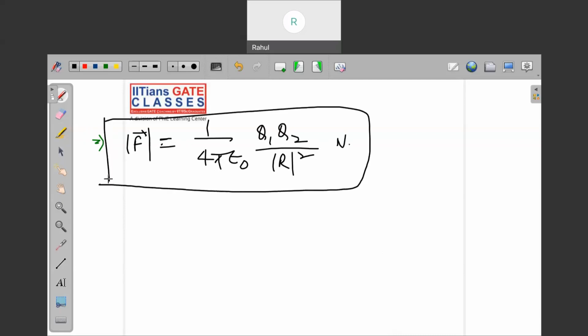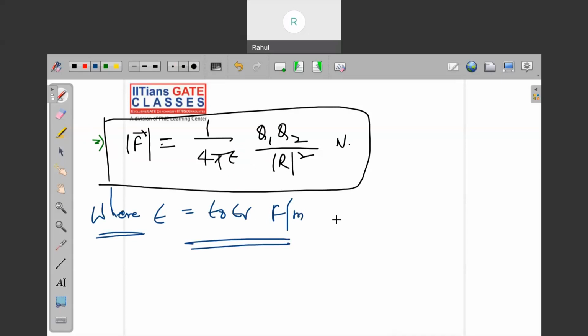After all, force is a vector quantity. You can remove this naught and say that epsilon is equal to epsilon naught epsilon r. It has the unit farad per meter, so it is known as the permittivity of the medium, or capacitivity.